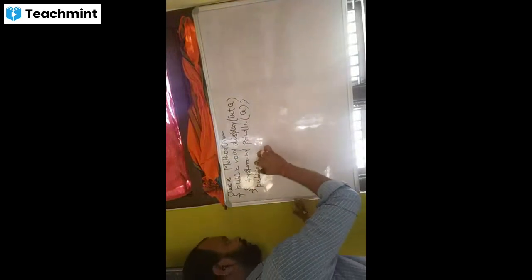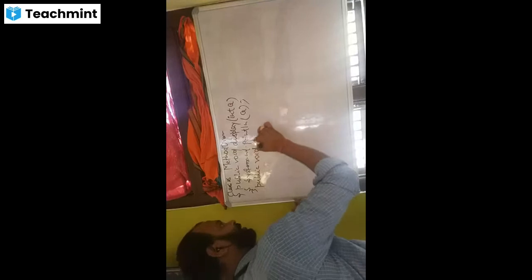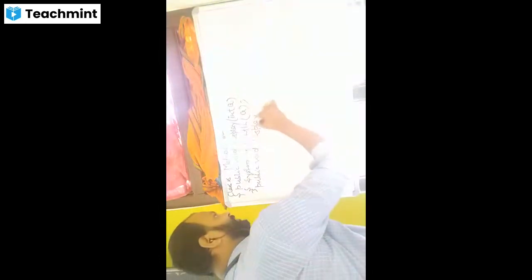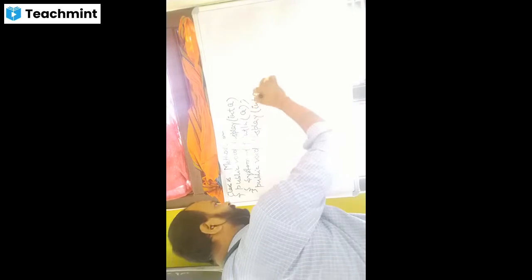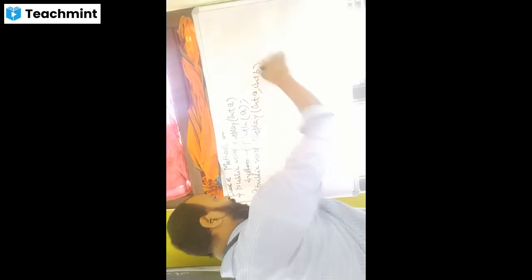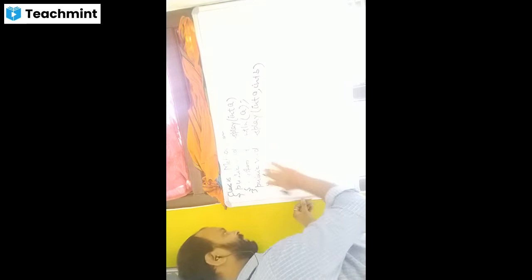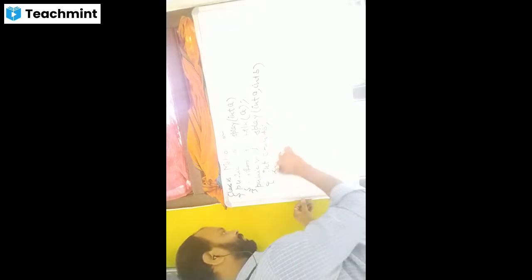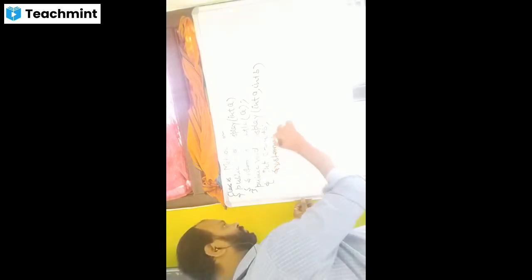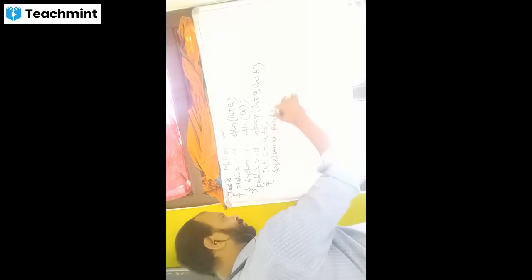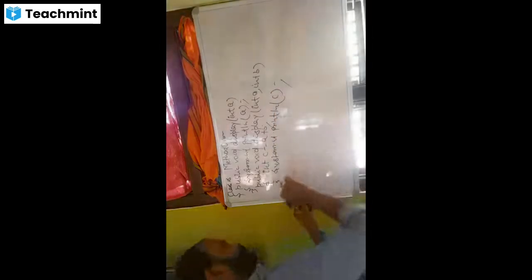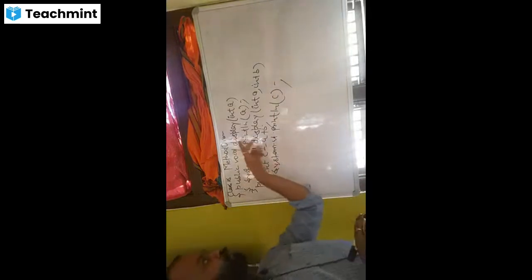Then public void display, this time with int a, int b. We have two parameters. In the first method there was one parameter, now we have two, and let us write int c equals a plus b, and then System.out.println(c). Now you can see we have two methods.